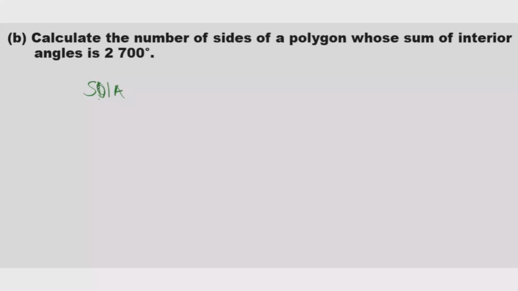So those are the symbols: S for sum, I for interior, and A for angles, is equal to open bracket n minus 2 close bracket times 180 degrees. Okay, so this is the one we use to find the sum of interior angles.